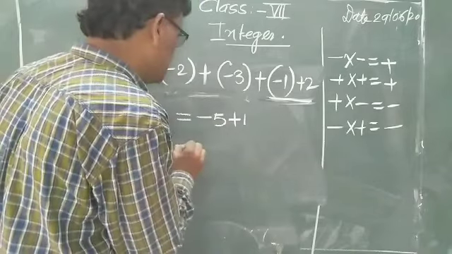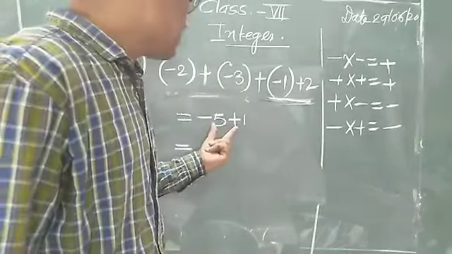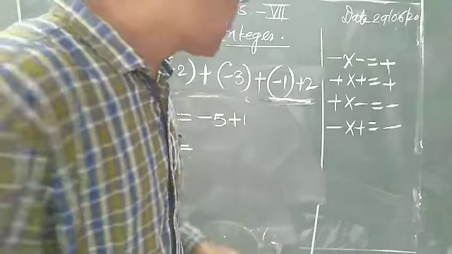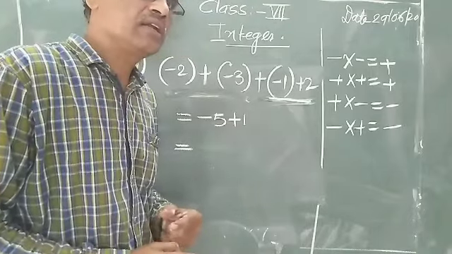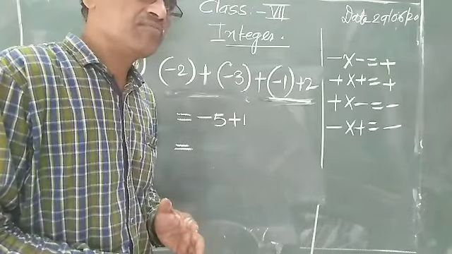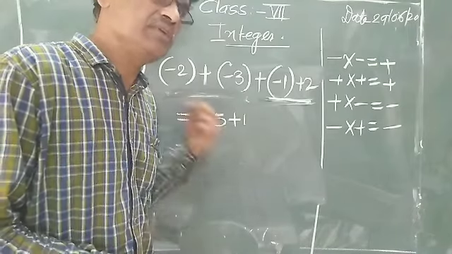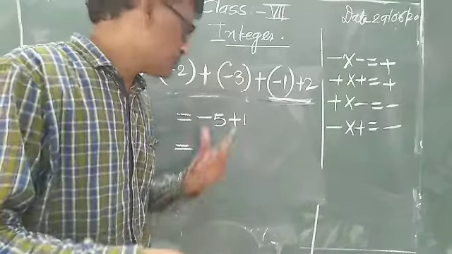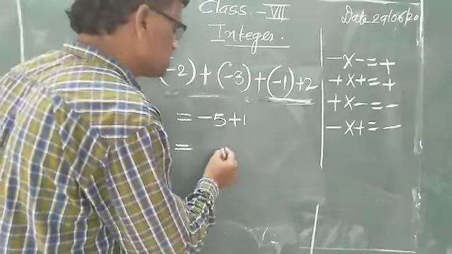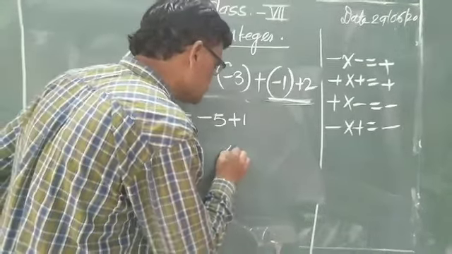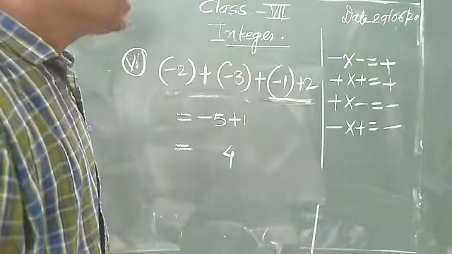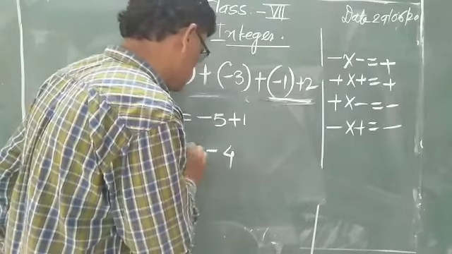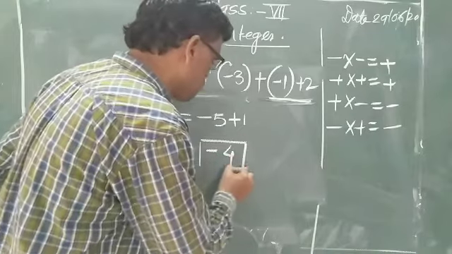Now you tell me what is the sum of negative 5 and plus 1. We take the difference, 5, because there is no similar sign. One is negative, another is positive. Therefore, the difference is 4 and the sign of the greater number is negative. Therefore, our answer is negative 4.